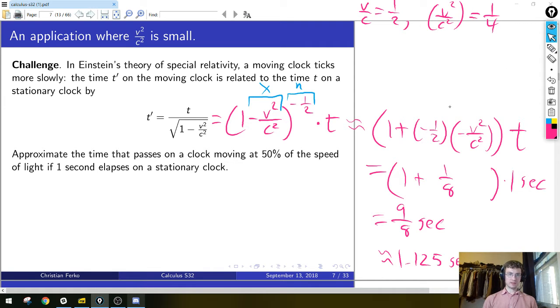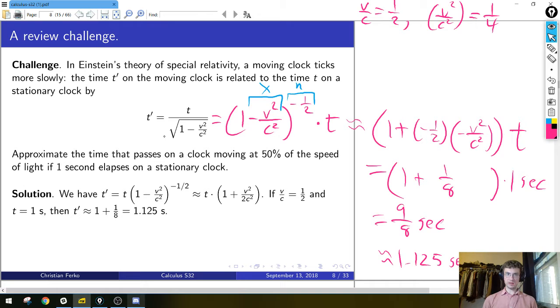Okay, let's see if I made an arithmetic error. Neither of us made an arithmetic error. Good. So as you say, the time on the moving clock, t prime, is roughly t times 1 plus v squared over twice c squared, because of the 1/2 downstairs. And if v over c is a half, then this becomes 1 plus 1/8, which is 1.125 seconds.